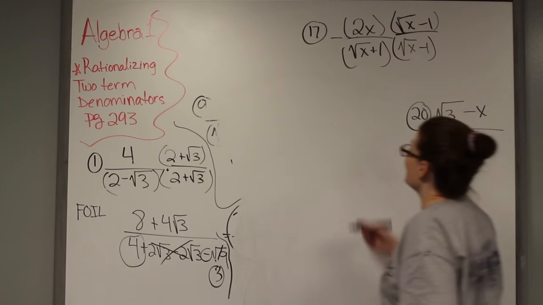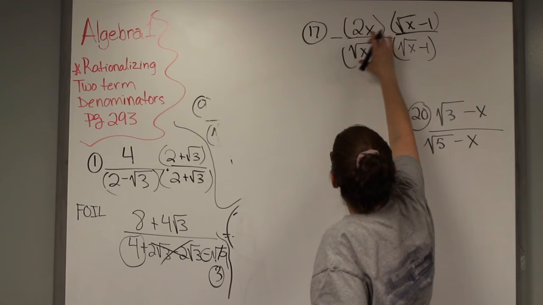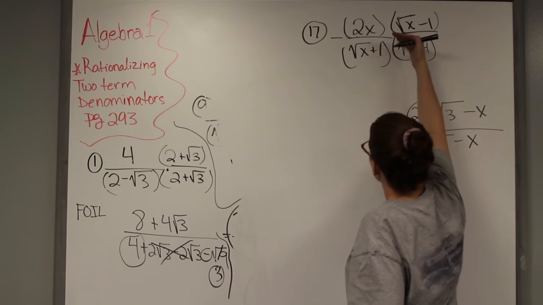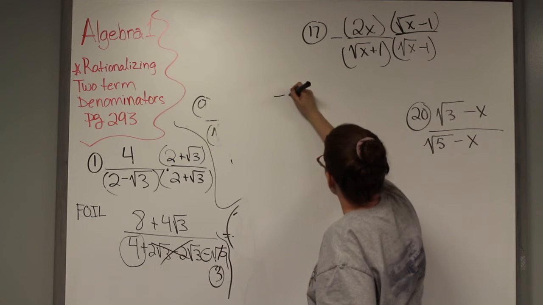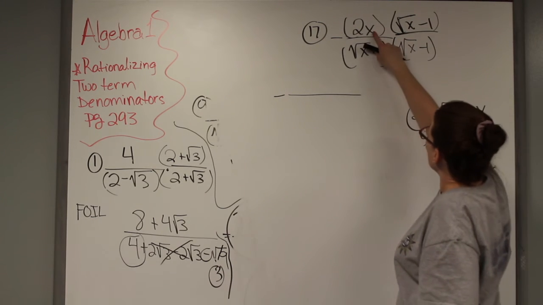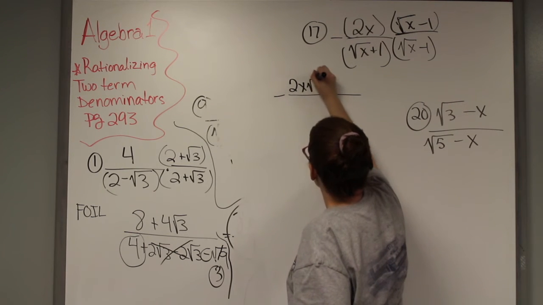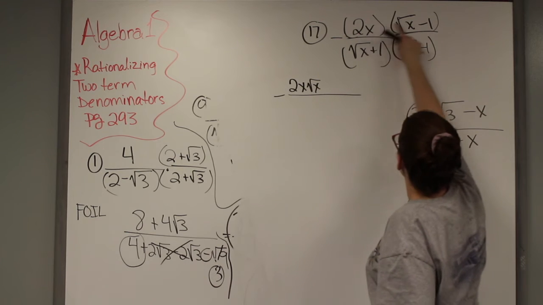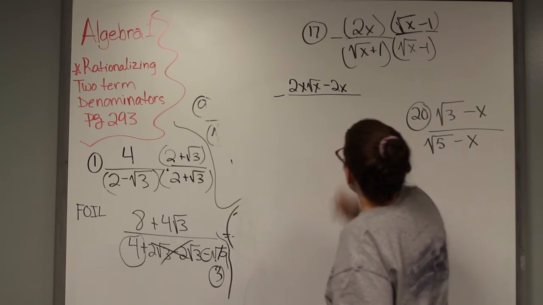It is going to stay negative. There's one negative right there, and none of these actual whole parentheses are negative. So your answer will stay negative. And when I multiply the top, 2x times radical x would just be 2x radical x. And then 2x times negative 1 would just be negative 2x.